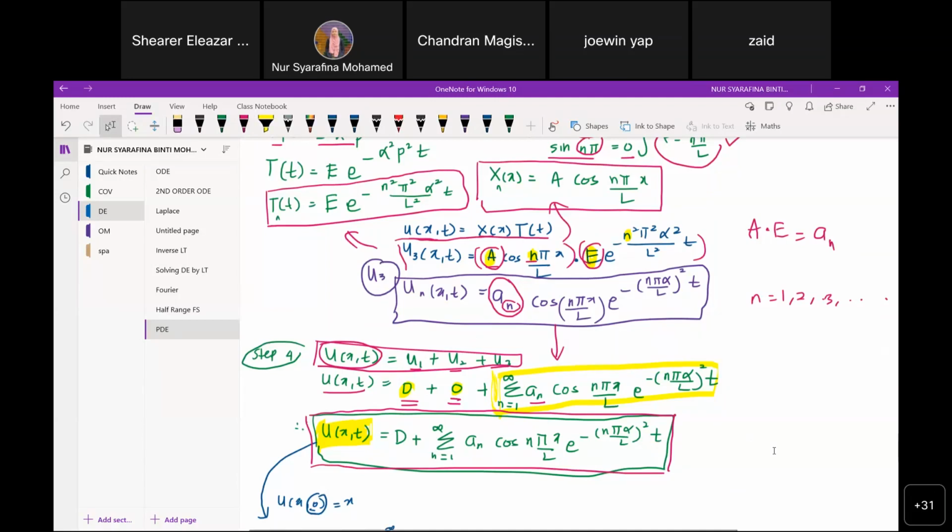Even though it's quite long, at least you understand the process. After this, you can try it by your own, and then you can have better understanding. Any question?